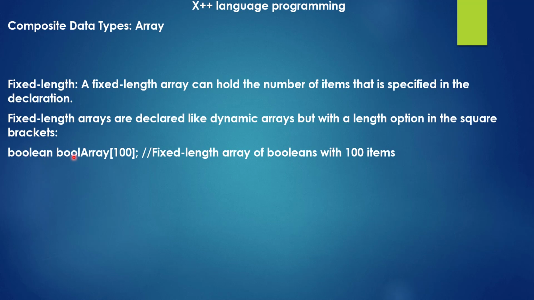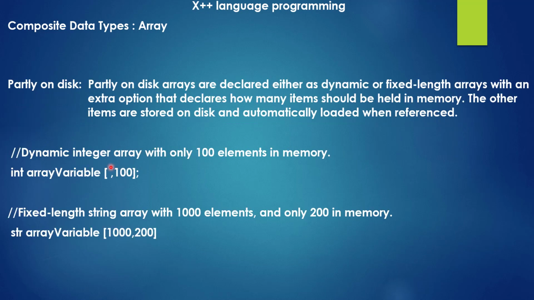So this bool array can hold up to 100 items. Whatever value you put inside, let's say 10, 20, 50 or 100, that is the number of items the array can hold.